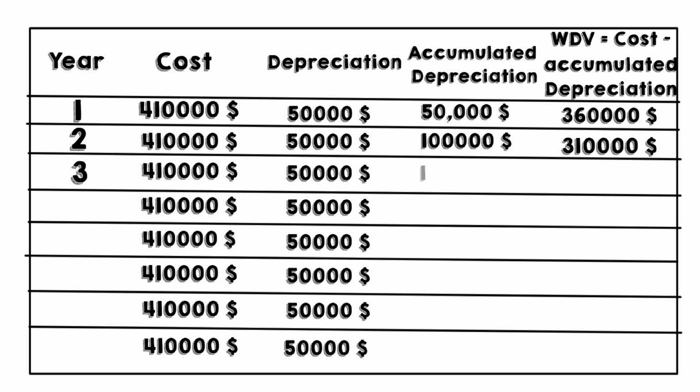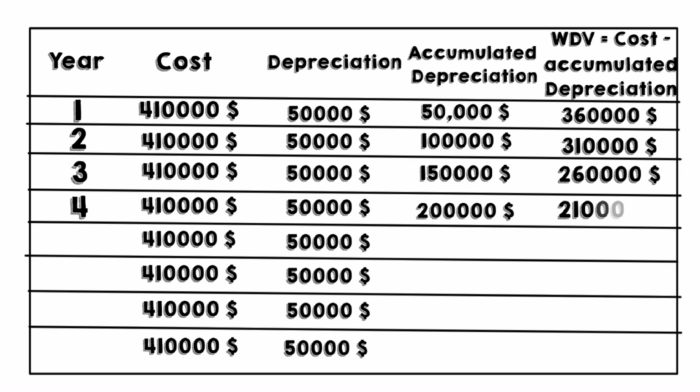Third year, $150,000, $260,000. Fourth year, $200,000, $210,000. Fifth year, $250,000, $160,000.